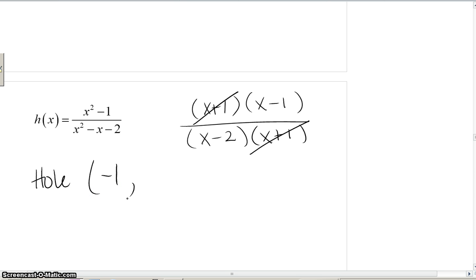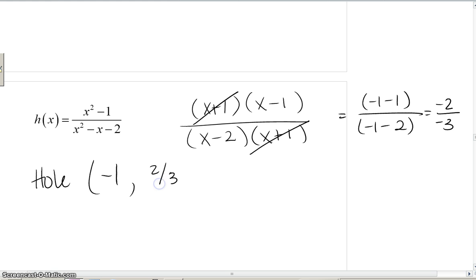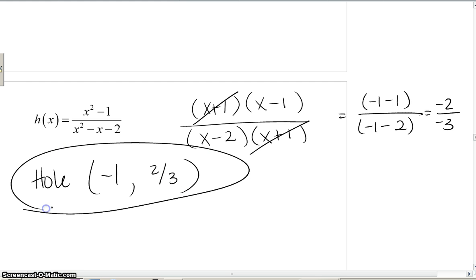In order to find that comma something, we plug -1 into the rest of our function. So we have (-1 minus 1) over (-1 minus 2), which gives you -2 over -3, which is just positive 2/3. So this is where our hole is.